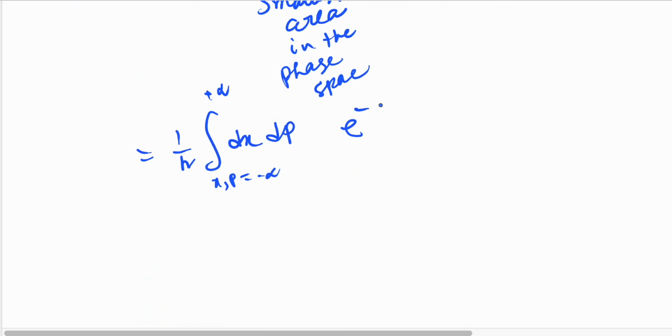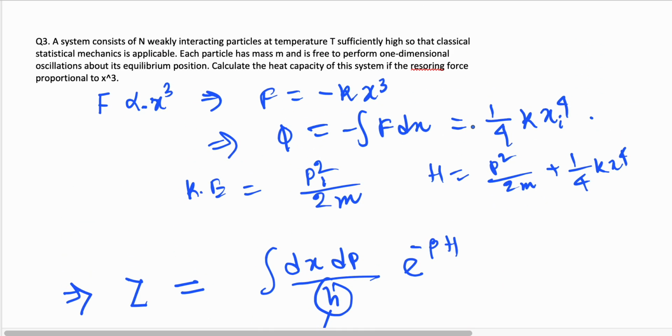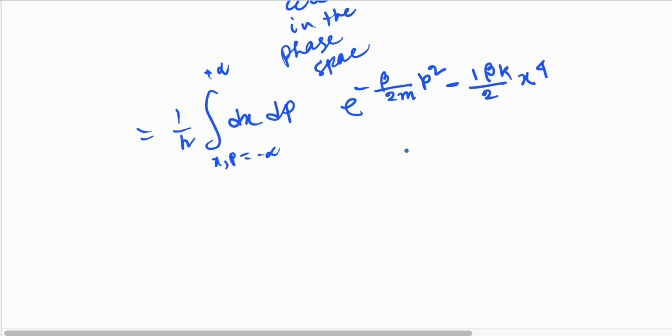So e to the power minus beta H means minus beta by 2m p squared minus beta by 4 k x to the power 4.